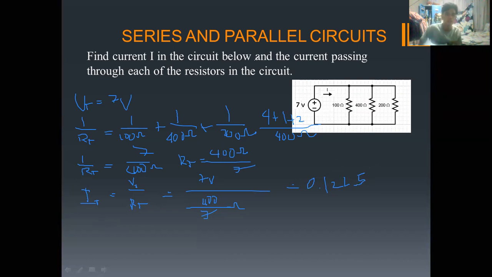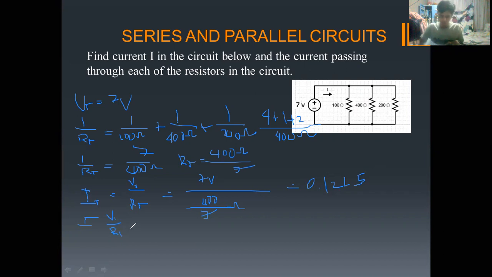Sabi dito, and the current passing through each resistor. It means, kada resistor, kukumputin natin kung ilan yung load niya. So, yung I1 natin is equal to V1 over R1.